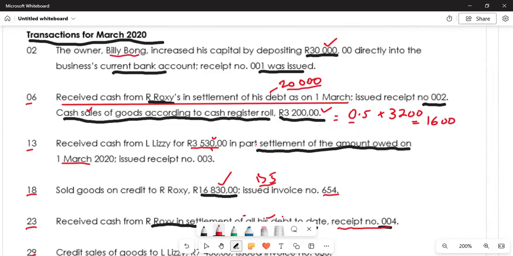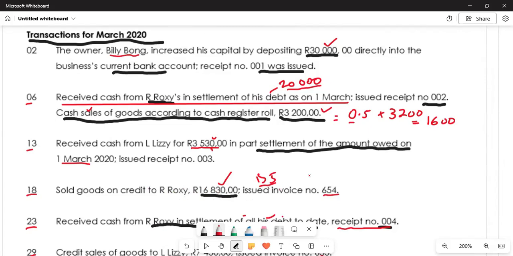So also, on the 18th we sold goods on credit to Roxy, 16,830. So now we want to know, we sold the goods to this person on credit, that amounts to this much. So how much did it cost us to sell these goods?